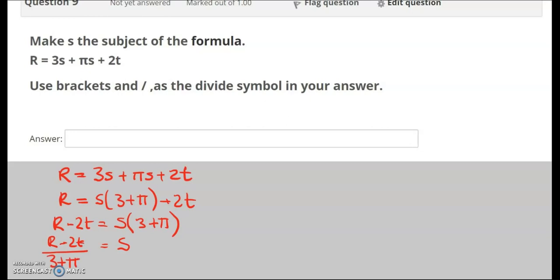So here we could do it as R minus 2t, because it's a whole thing that is being divided by 3 plus pi.